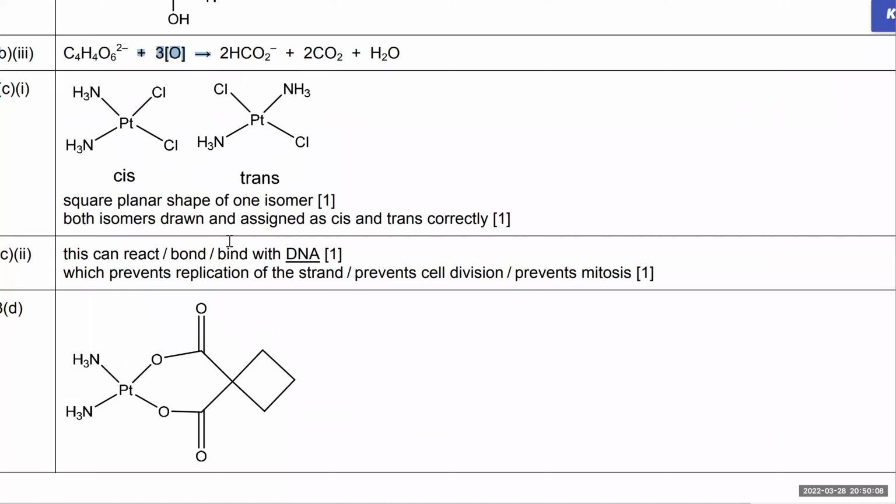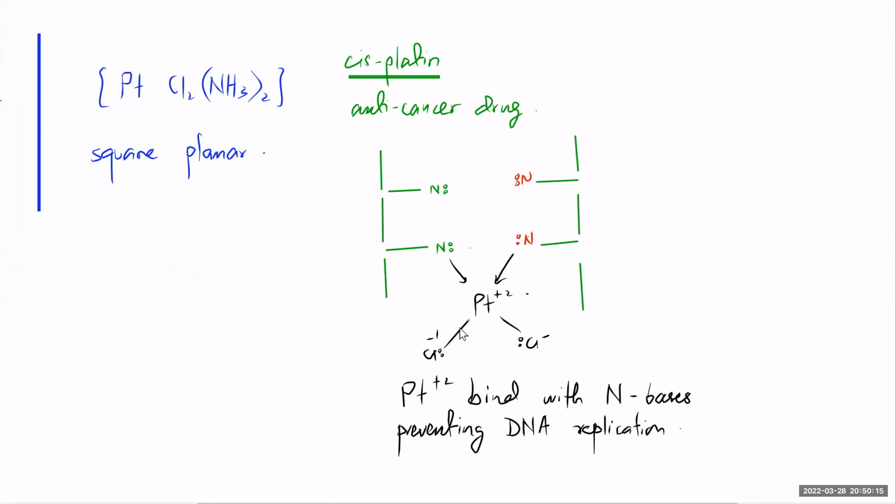They're just saying that it can react or bind with the DNA, which prevents replication of the strand. So you don't really have to go into that much detail. Just remember that the platinum ion, 2 of the NH3s will get replaced by the DNA nitrogens, and the 2 strands would get locked by the platinum. So the platinum would be holding them together, and this would prevent the cell from splitting, and it will keep the DNA strands together.